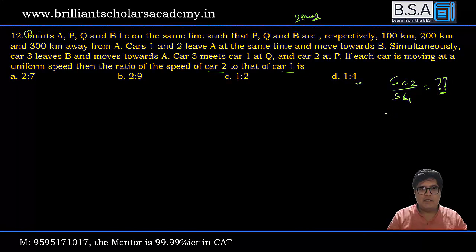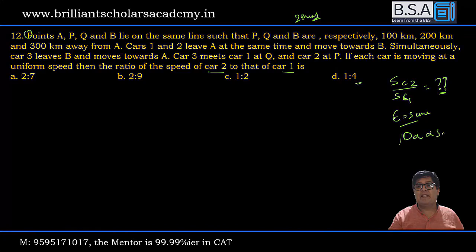So in this case, I need to focus on distance because the vehicles are starting together. The time is same. If the time is same, the distance traveled by these cars will represent their speeds. So I have to break down everything in form of distance. They are on the same line.